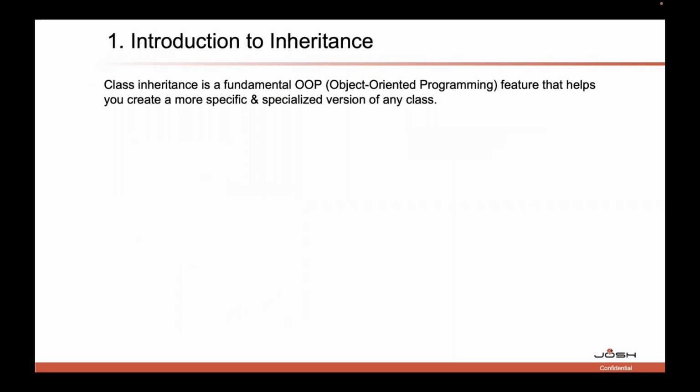First we need to understand what is inheritance. Class inheritance is a fundamental OOPS concept that helps you to create a more specific and specialized version of any class. If you see a real-time example, what does inheritance mean? Like a parent-child example, you inherit some of the properties of your parent.